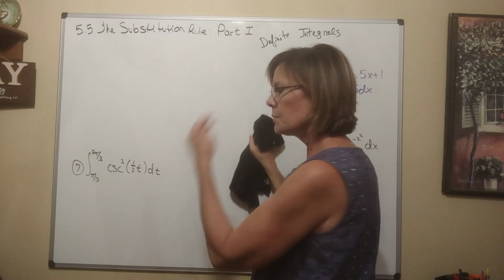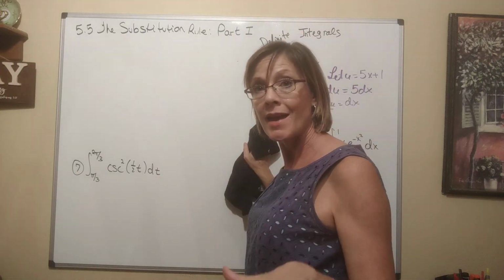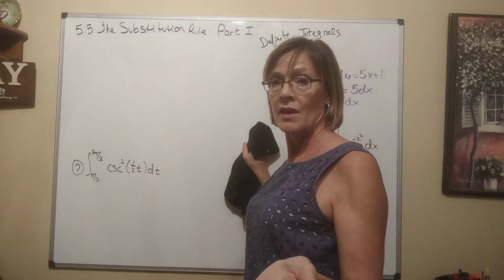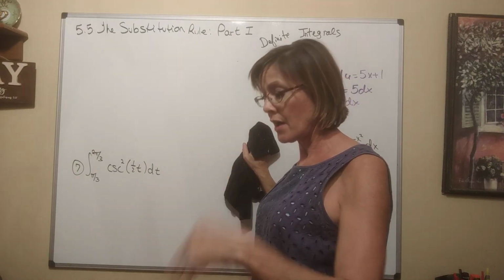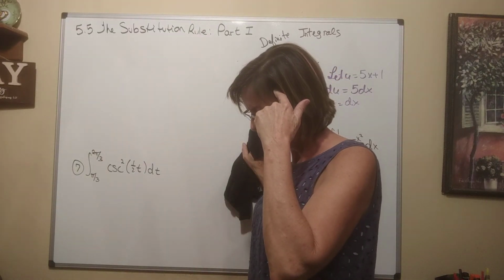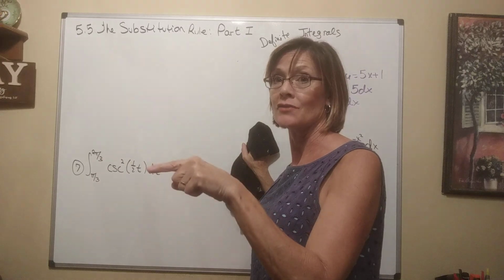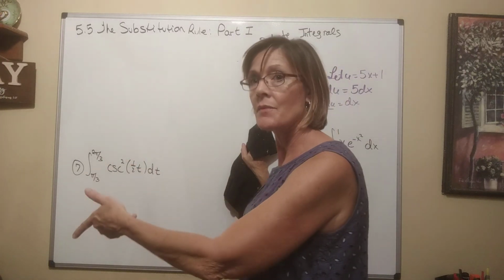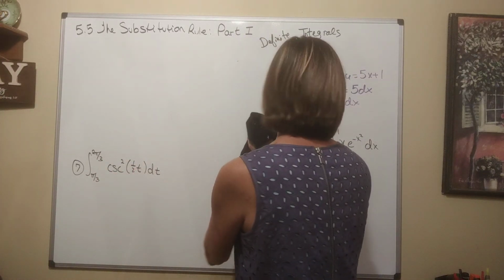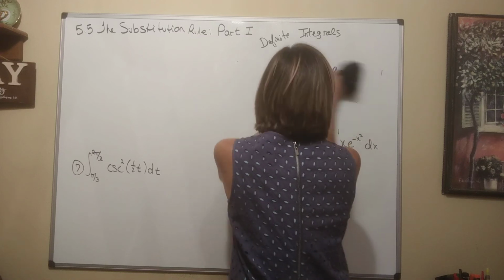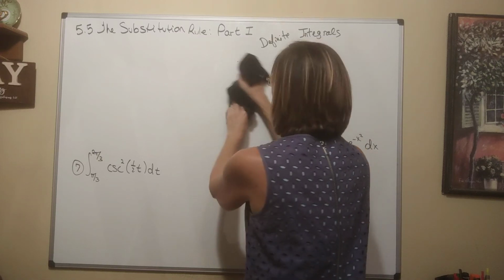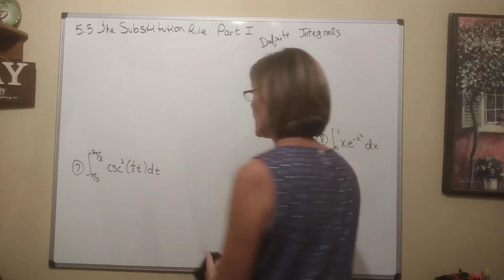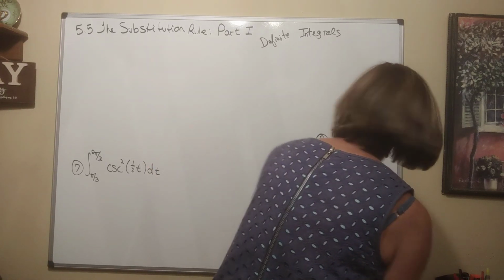If this was just simply cosecant squared of x, I could figure that out because the derivative of cotangent is negative cosecant squared. So I could get this back pretty easily if it was not this 1/2 t. Well, if I let u be 1/2 t, then that might clear things up for me in a big way. So let's explore.